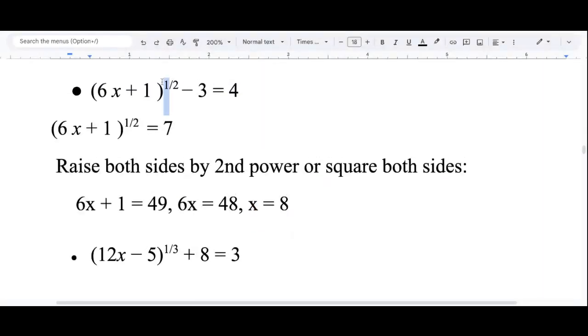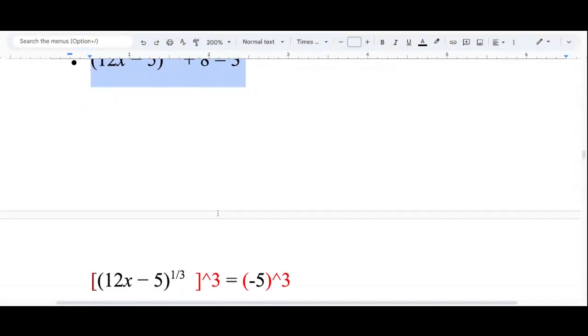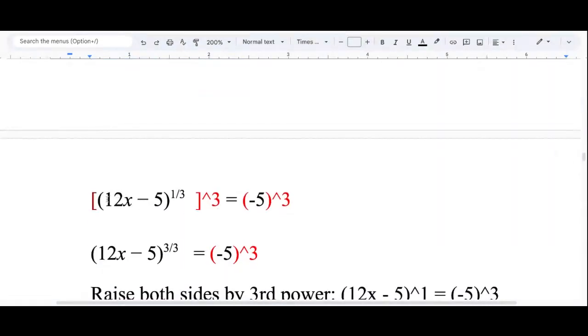Only written differently. The idea is still the same. Let's see this one: raised to 1/3 is the same as cubic root. Right? The index is 3. Cubic root of 12x minus 5 also can be written as 12x minus 5 raised to the 1/3 power.